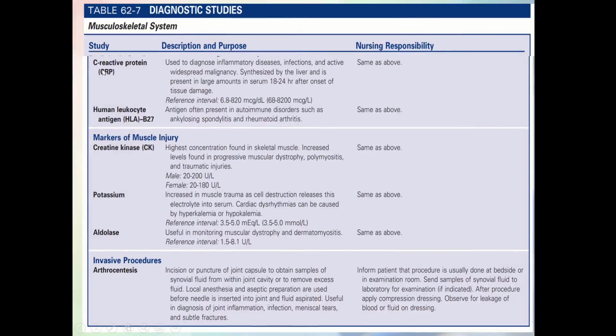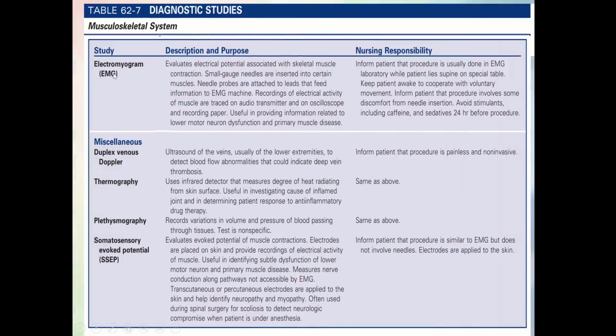And then for another, we have C-reactive protein, HLA, markers of muscle injury, CK or creatine kinase, potassium, and aldolase. Invasive procedure, arthrocentesis, at yung discuss natin kanina, EMG. So that is also invasive. And then yung mga miscellaneous or other diagnostic procedures.